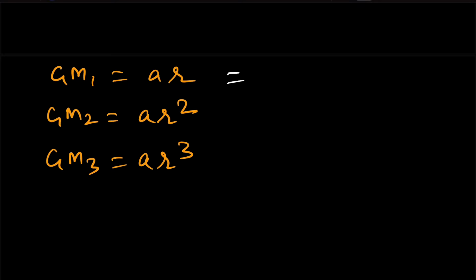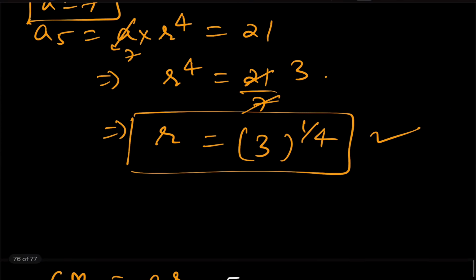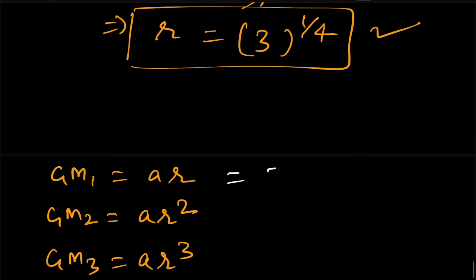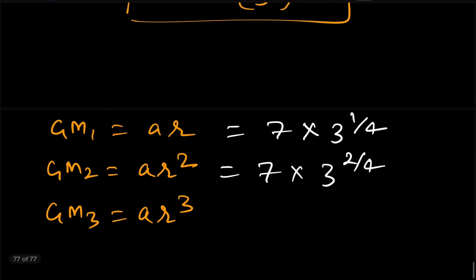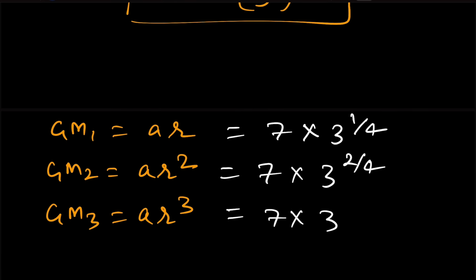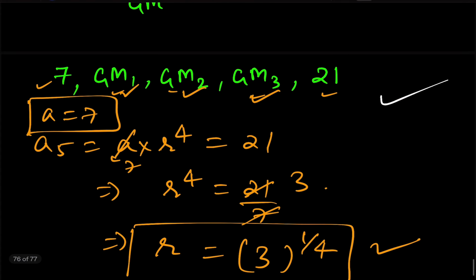So just put in the values. a is 7 and r is 3 to the power 1 by 4. So GM1 is 7 into 3 to the power 1 by 4, GM2 is 7 into 3 to the power 2 by 4, and GM3 is 7 into 3 to the power 3 by 4. So these are the 3 geometric means if you are asked in a question to insert them between two numbers.